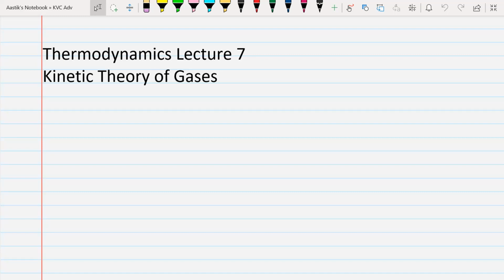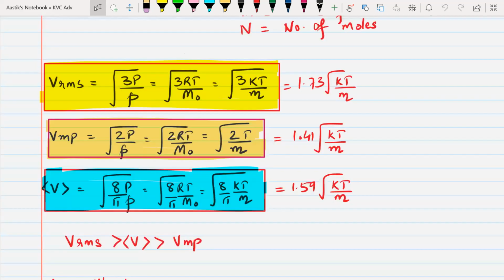We had seen the various types of speeds of gases, the RMS speed, the most probable speed, the average speed.